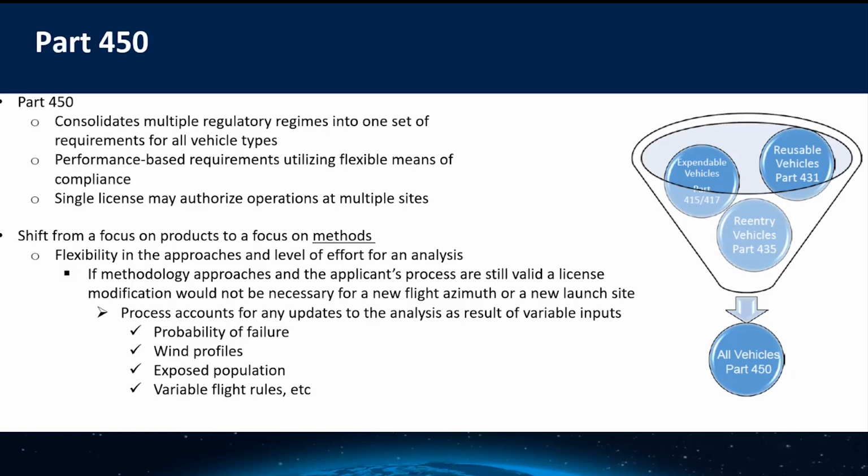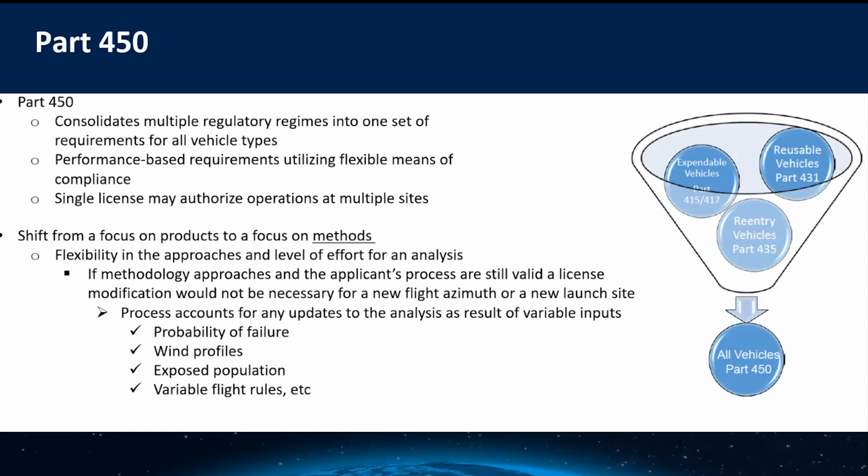For instance, as noted in the slide, a license modification will not be necessary for the new flight azimuth or the new launch site, provided that the assumptions of the means of compliance, the methodology proposed on the original license, are still valid, and the applicant's process accounts for any updates to the analysis as a result of any variable inputs such as wind profiles, probability of failure, exposed population, and variable flight rules.